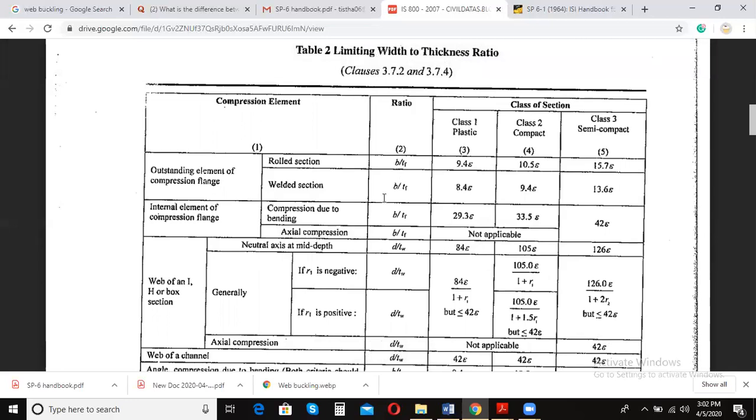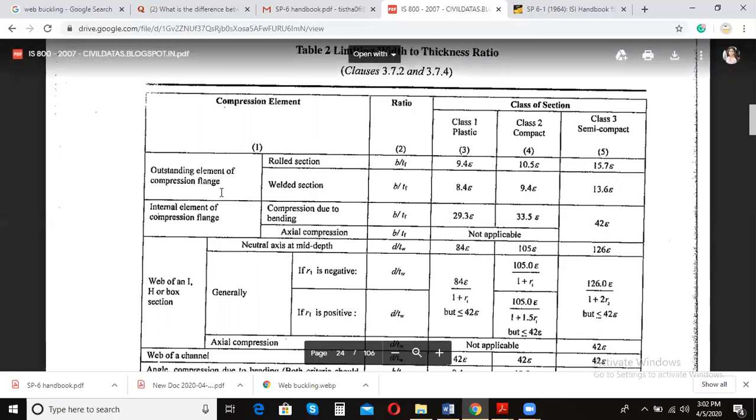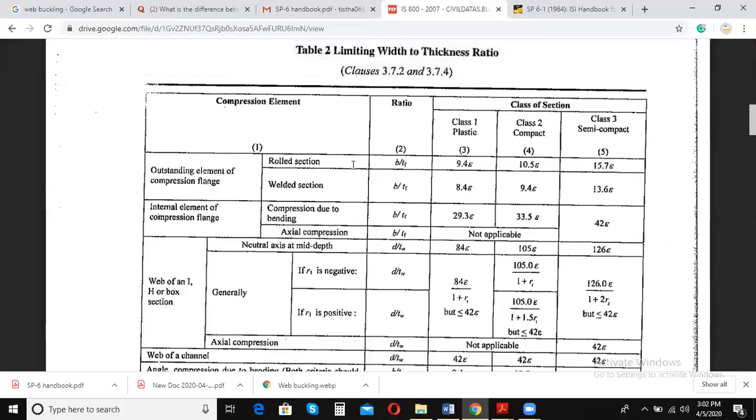So for flange, we will be taking this rolled section. Okay, see, the compression element or the outstanding element of compression flange. So our flanges are in compression and it is a rolled section. So we are going to take this row, and we will calculate the B by TF value. So what is my B by TF value?